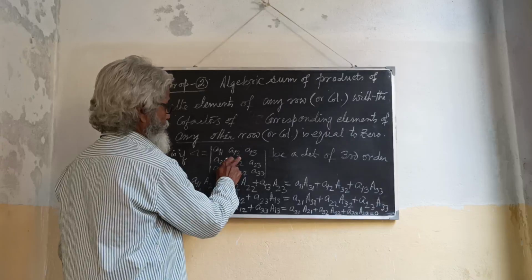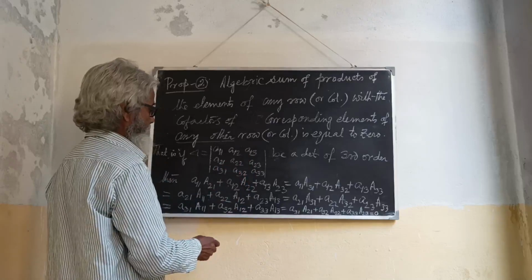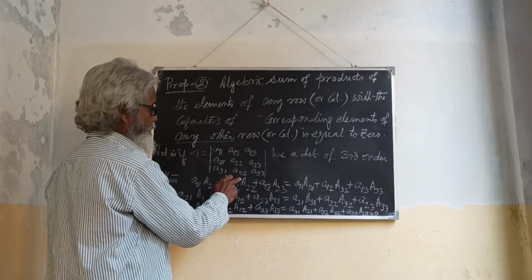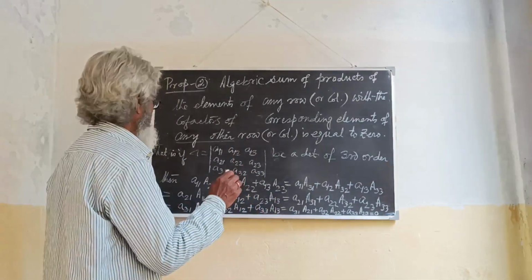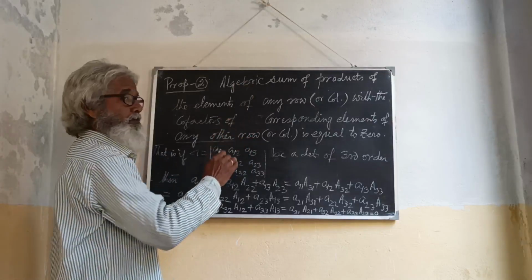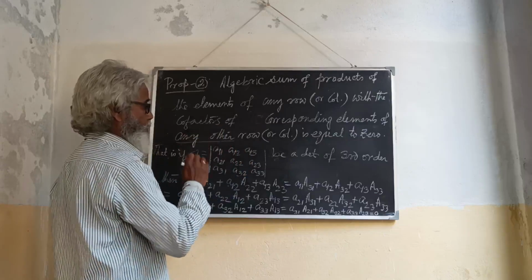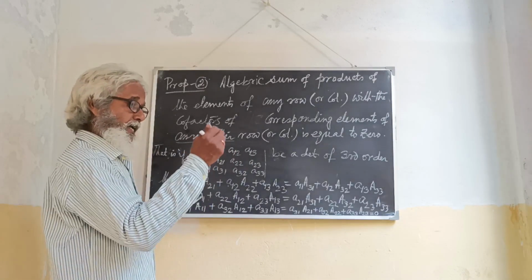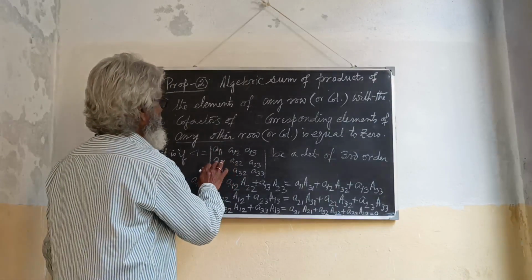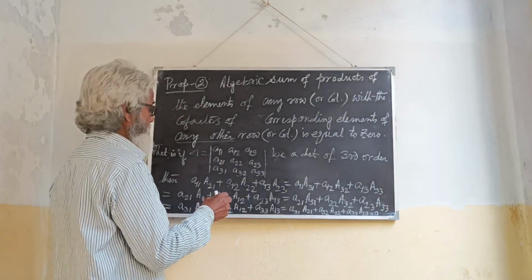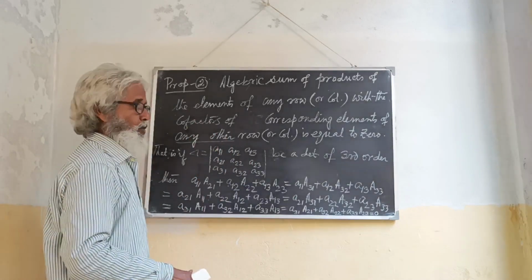A11, A12, A13, A21, A22, A23, A31, A32, A33 be a determinant of third order, then according to the statement of this property, let us consider the elements of first row and the cofactors of any other row, say second row, that is the cofactors of the corresponding elements of second row.